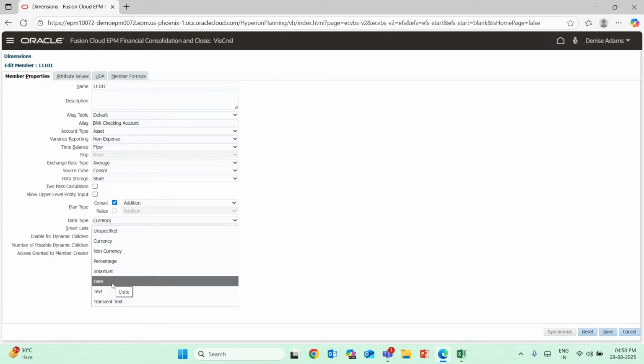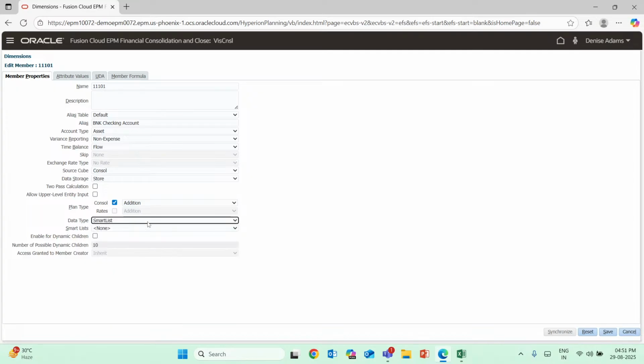And date, text we do not use over here because it is not required, as smart list is another topic. We have to create the smart list and attach it here. If we make this data type a smart list, this smart list is not enabled right now.